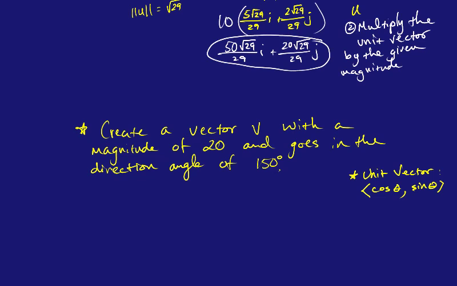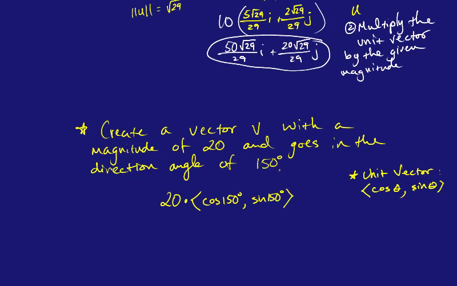So the vector they want is the magnitude, 20, times cosine of 150 and sine of 150 degrees.